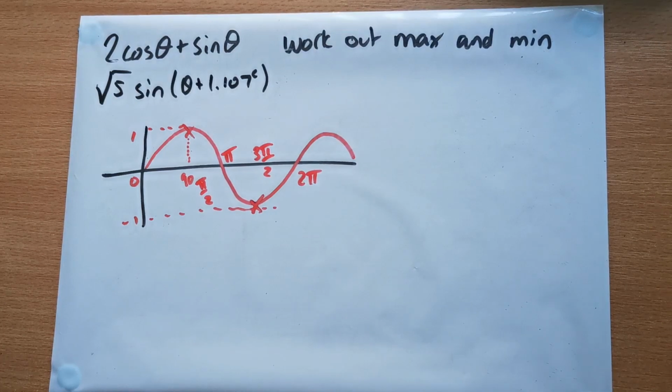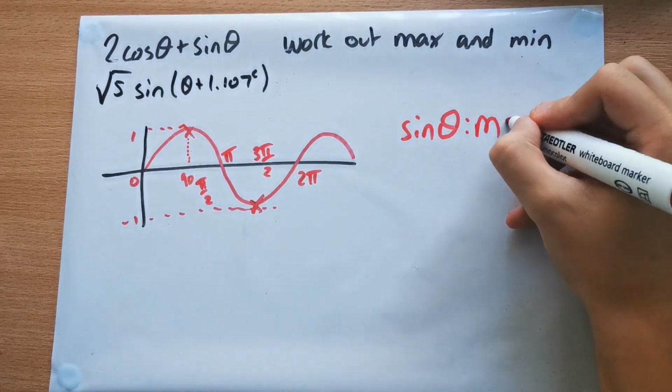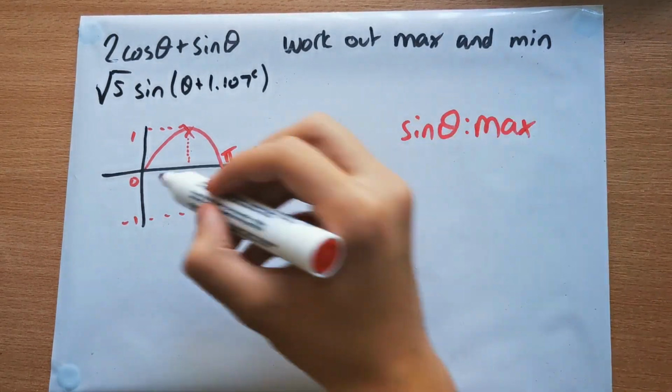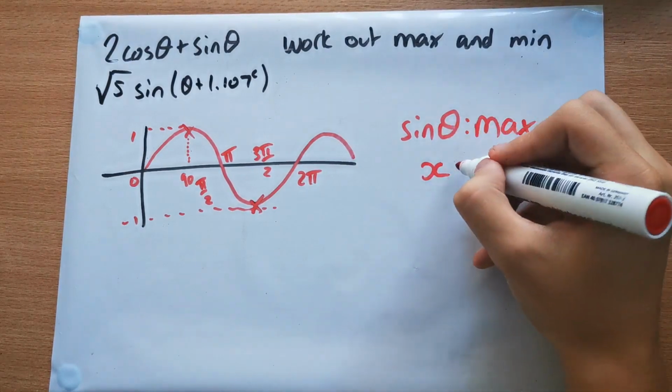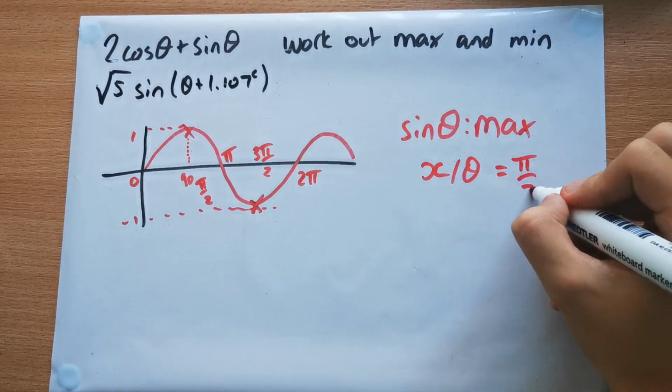We can see that sine theta is a maximum whenever the x-axis, or theta, is equal to pi over 2.